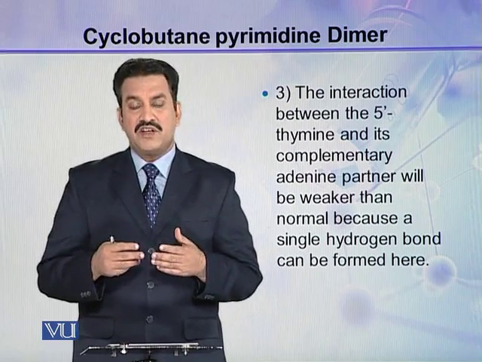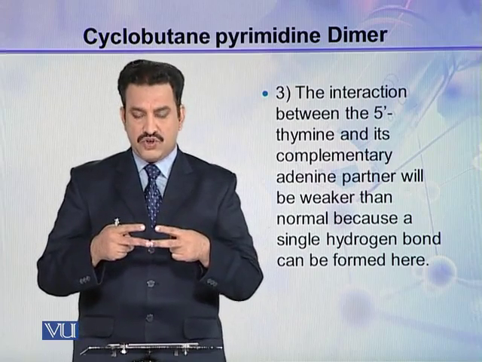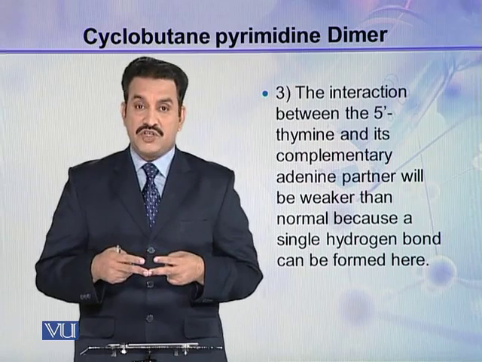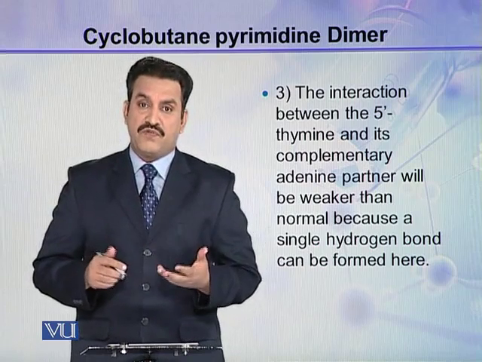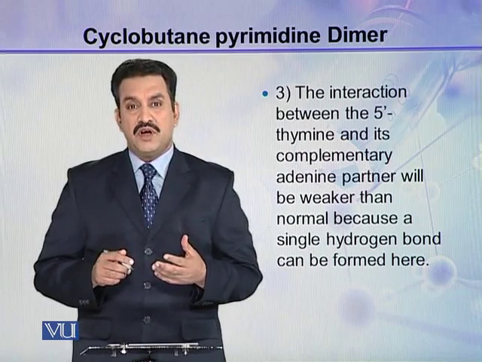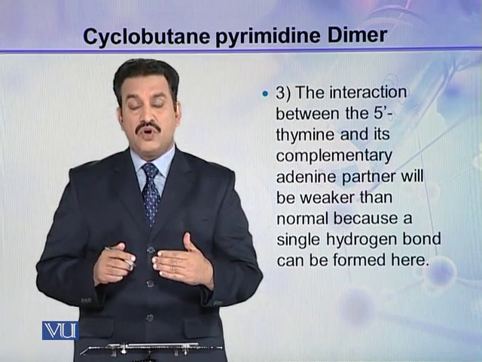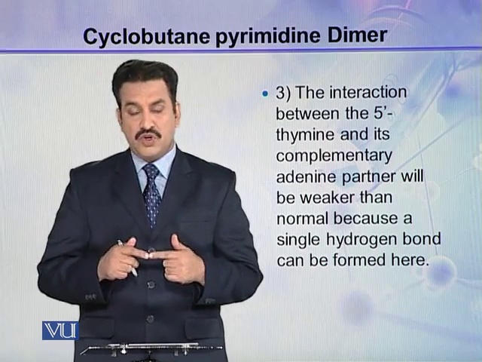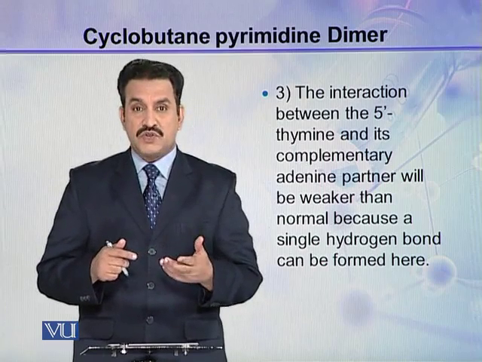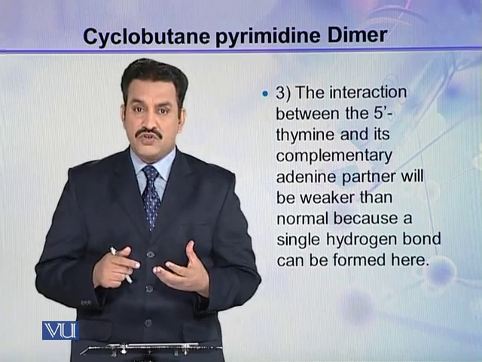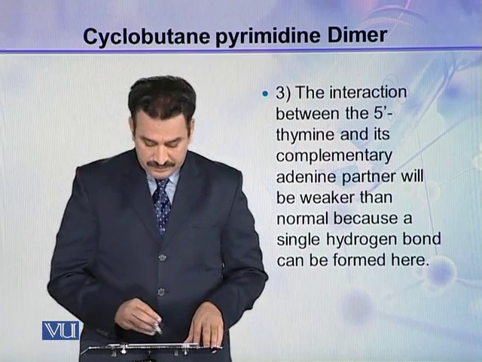But in case of dimer formation, the thymine present towards the 5' end makes only 1 hydrogen bond because the space for the formation of a second hydrogen bond is not available.